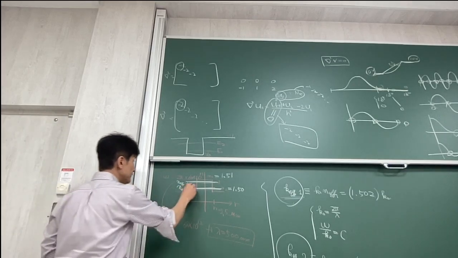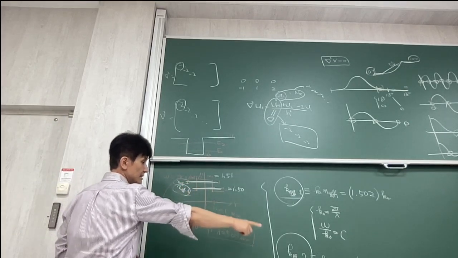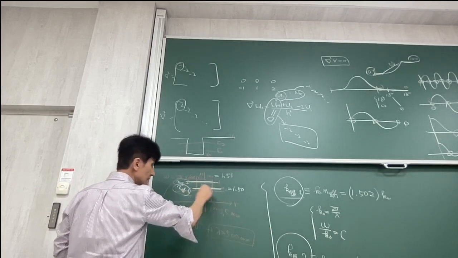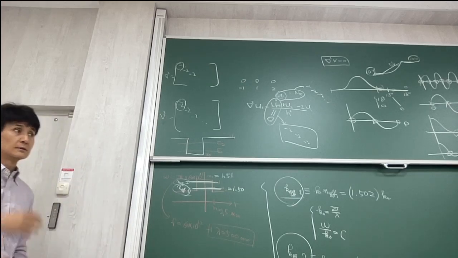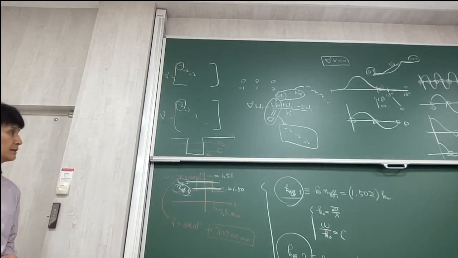N effective, defined like this, should be within these two, N1 and N2. So these have a very similar relation.